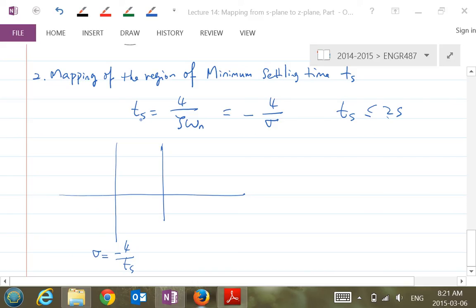Now, this is always maximum 2 seconds, so your region for sigma is on the left side of this straight line. And this straight line, as we just learned in part 1, is a constant attenuation locus, and this vertical line is mapped into a circle.